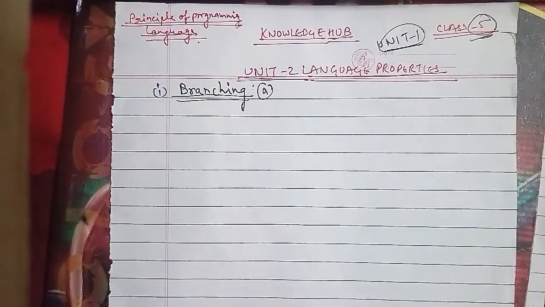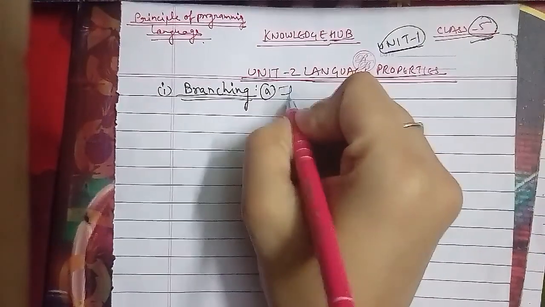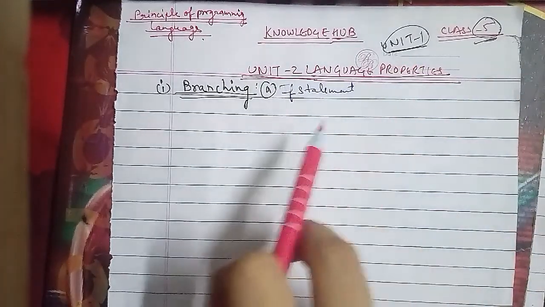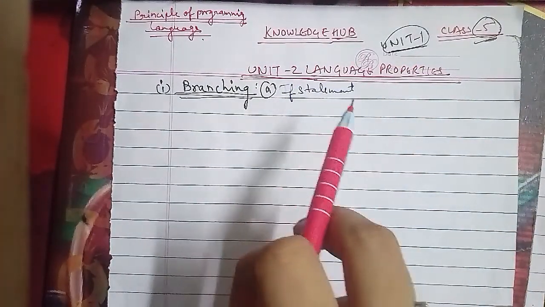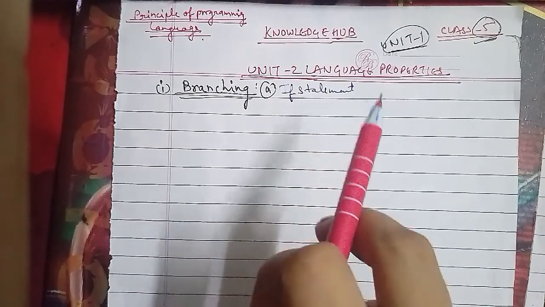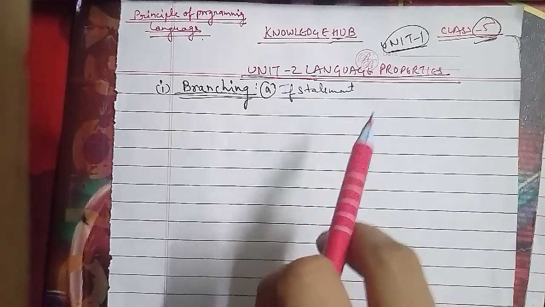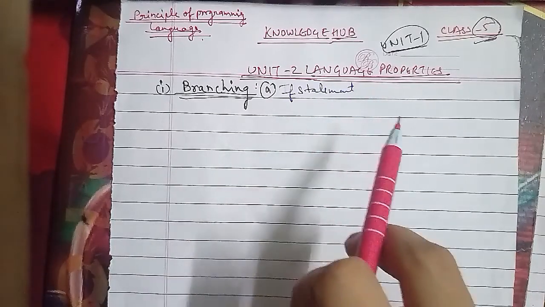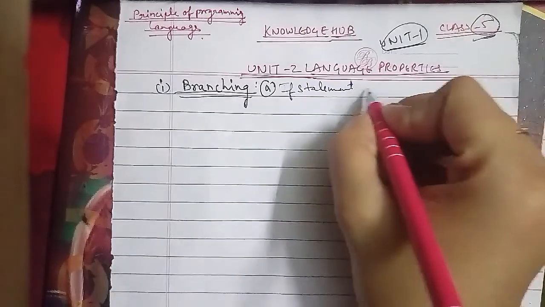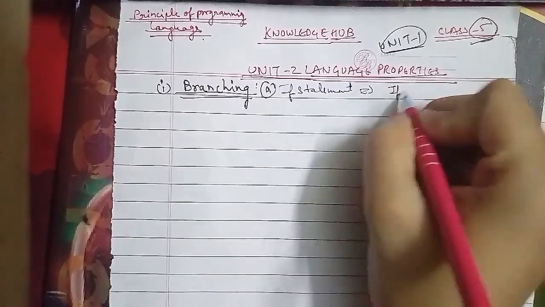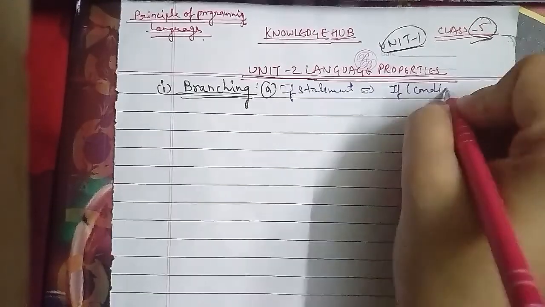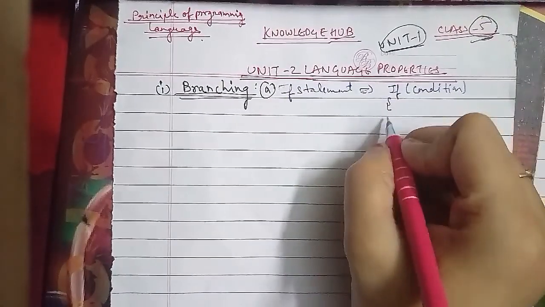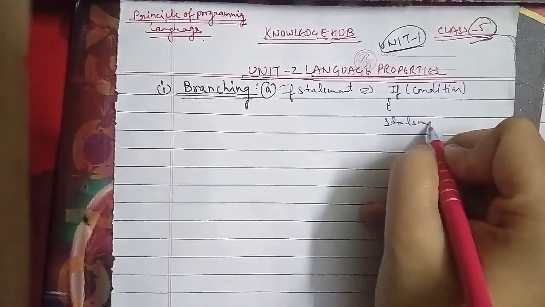The if statement is a conditional construct that is used for executing a set of statements only if a certain condition is true. The syntax of an if statement in C is represented in the form of if, then the condition, then start with a curly bracket, statement 1, statement 2, and then of course we close the curly bracket.